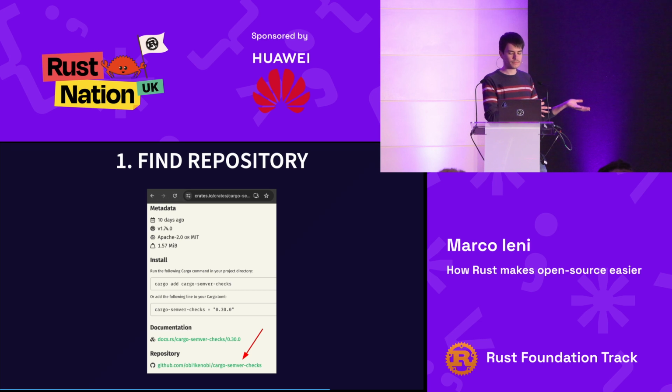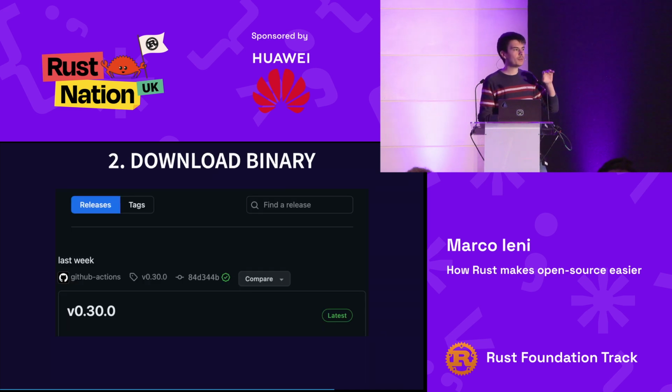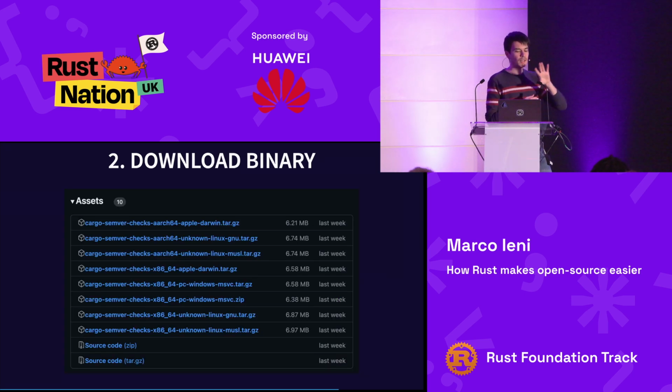How does it work? When you run cargo binstall cargo-semver-checks, it goes to crates.io, and it looks for the repository field, which is something that you can set in the Cargo.toml. This links to GitHub. In GitHub, it goes into the GitHub releases. It finds the one matching the crates.io version, in this case v0.30, and it goes into the release assets.